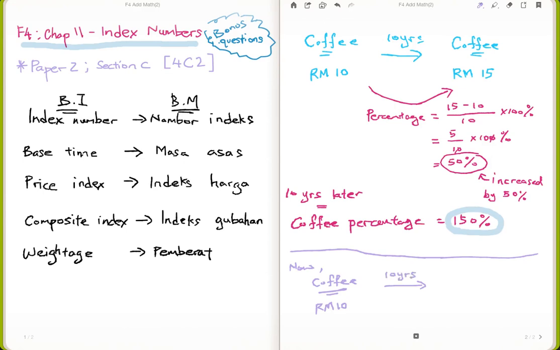10 years later, you were told this coffee is... Oh no, sorry. I shouldn't say that. 10 years later, the price increase, positive meaning increase by 50%.